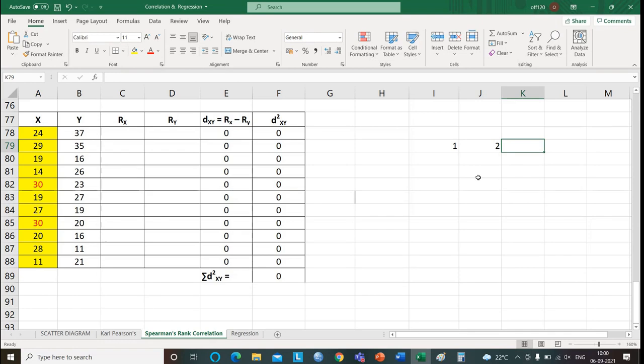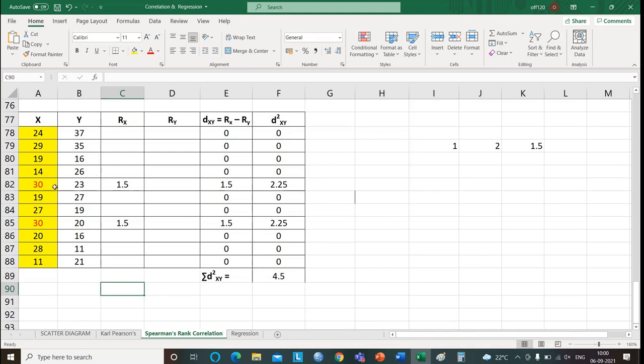1 plus 2 divided by 2 becomes how much? It is 1.5. So to satisfy both values, I am giving the common rank 1.5 and 1.5. But actually, two ranks have been used up. What are those two ranks? First and second. Clear?